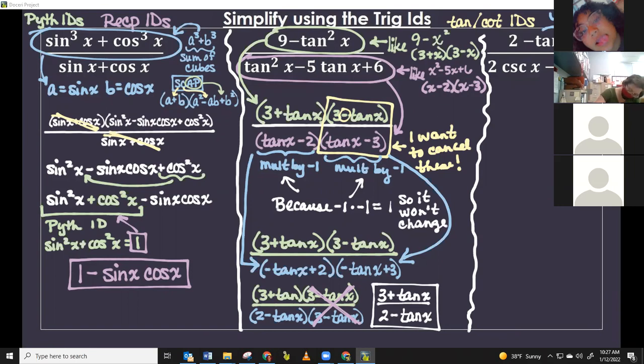So my numerator would be 2 minus, how can I rewrite tangent in terms of sine and cosine? Sine over cosine. So sine x over cosine x. Down in the denominator, how can I rewrite cosecant x in terms of sine and cosine?